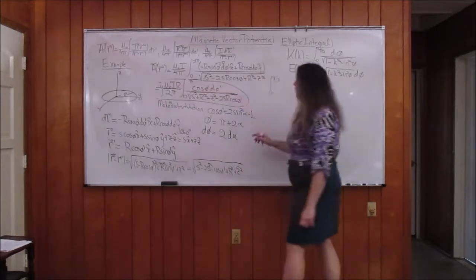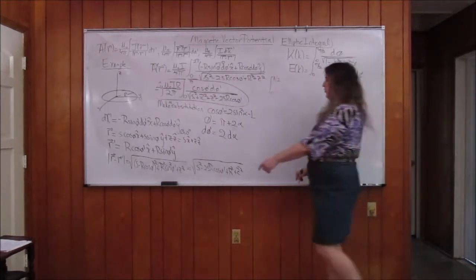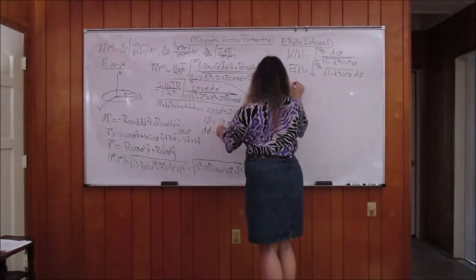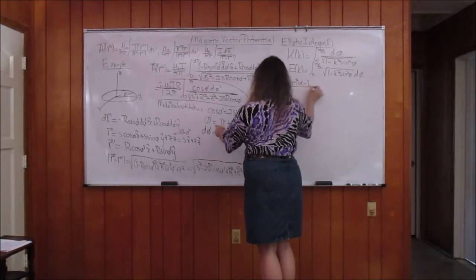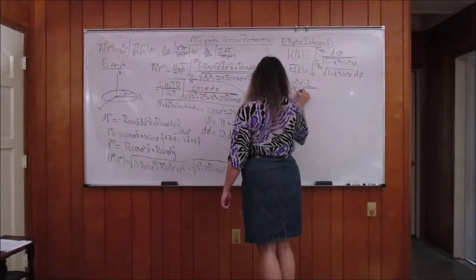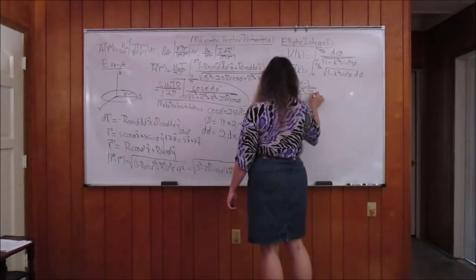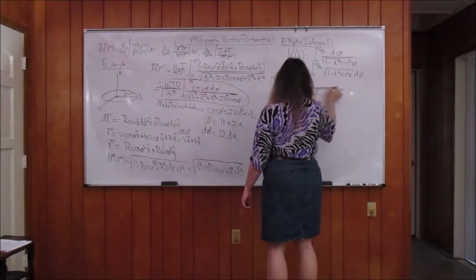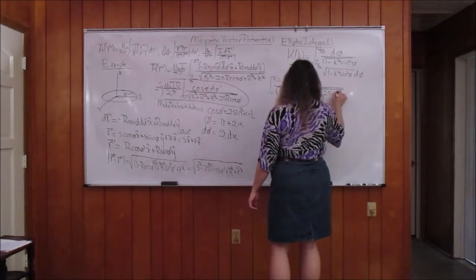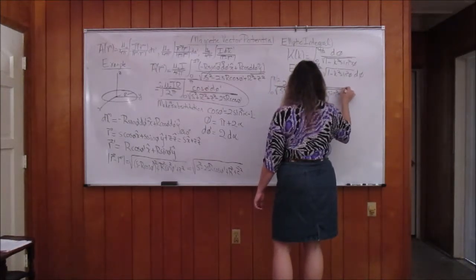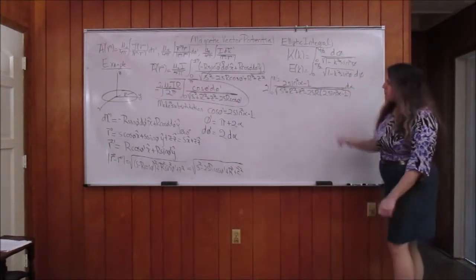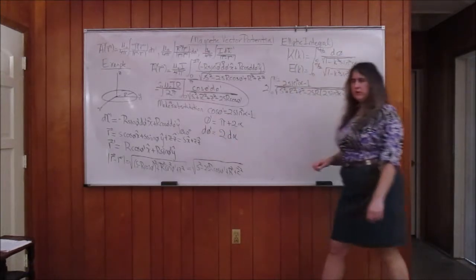And therefore, the integral, instead of going from 0 to pi, will go from 0 to pi over 2. And I'll have a factor of 2 out in front because d phi prime is equal to 2 d alpha, okay?